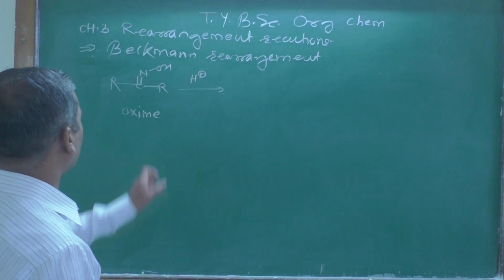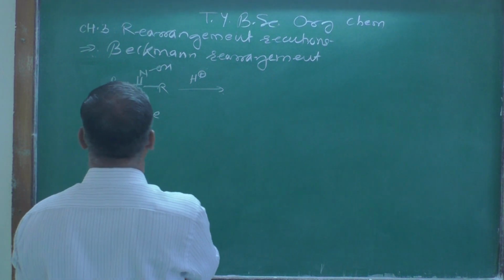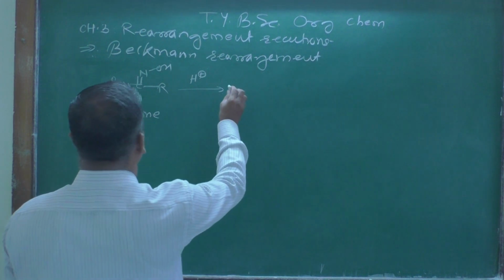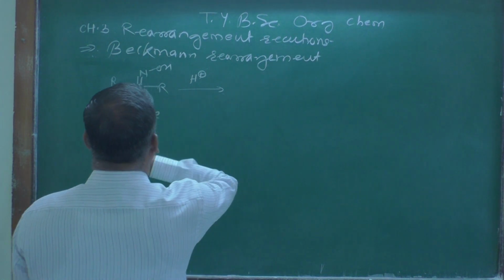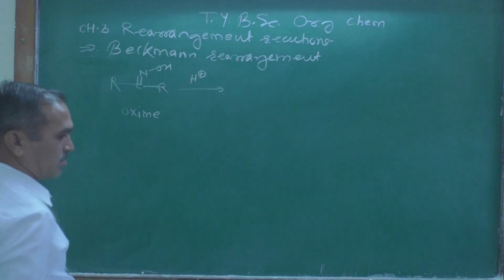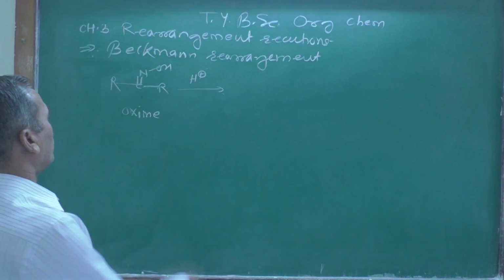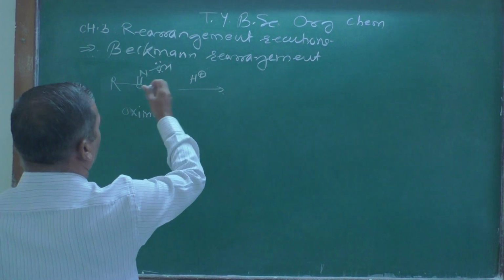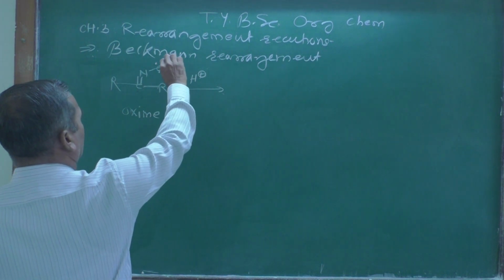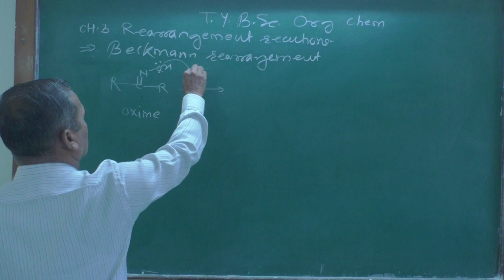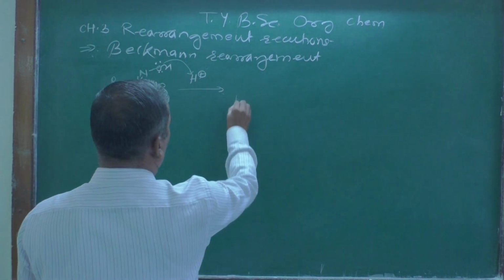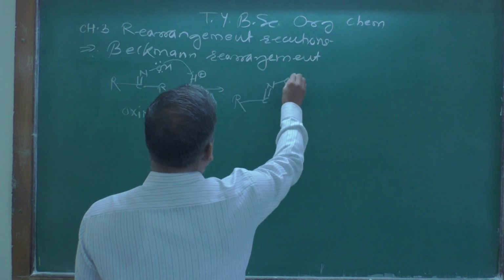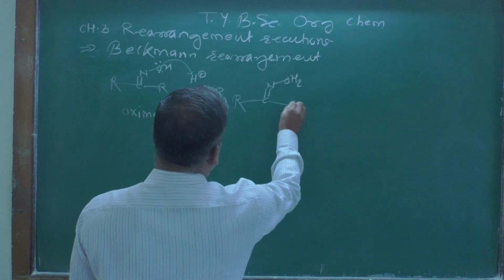And that oxime, when treated in an acidic medium, generally H2SO4 is used in these reactions. Now what is happening, let us see the mechanism simultaneously. Here the lone pair present on that nitrogen can pick up this proton, and what you are going to get is C=N with OH2+ and the R groups.